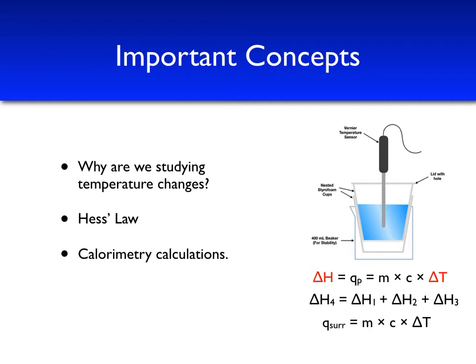In this case, the surroundings is all of the water plus the calorimeter in which the reaction is taking place. We can calculate this if we know the total mass of our solution, which will be about 60 grams, the specific heat of the solution, which is given in your lab, and delta T, which we'll be measuring.